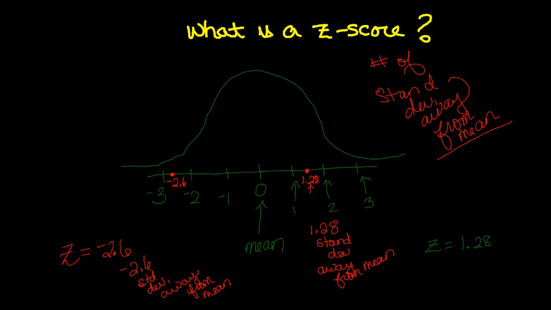Okay, so now in your questions that you were probably doing on your homework, you were trying to see if you were more than 2 standard deviations away from the mean. So if you were trying to see if you were outside of the 2 standard deviations, well, this one was outside of 2 standard deviations because you went beyond this point right here, this unusual point.